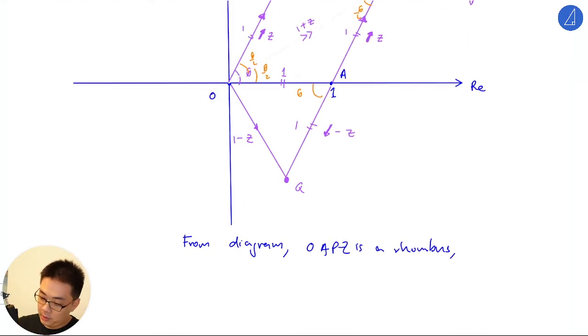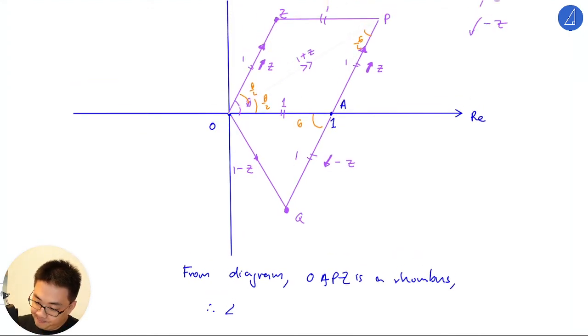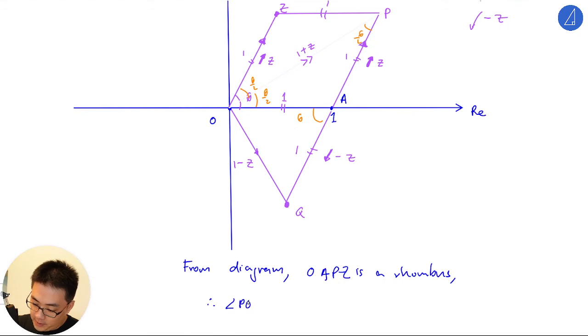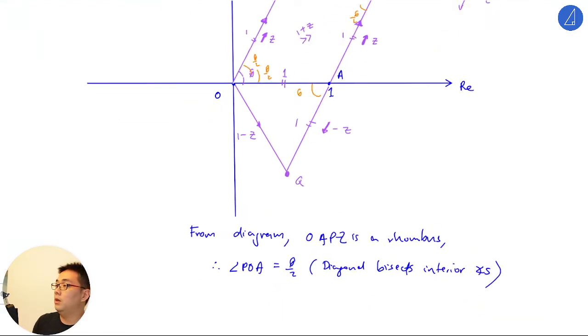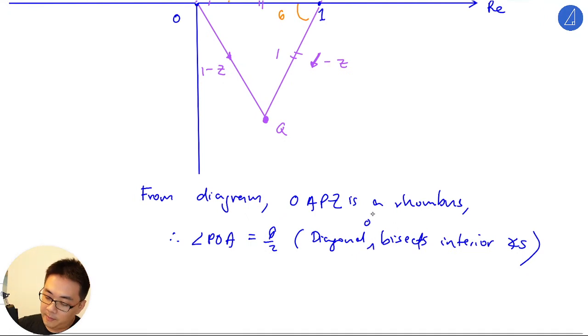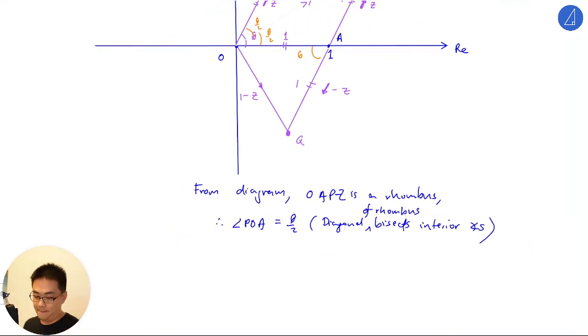Okay, so hence angle POA is equal to theta over 2. Diagonal bisects interior angle. Or diagonal of rhombus.